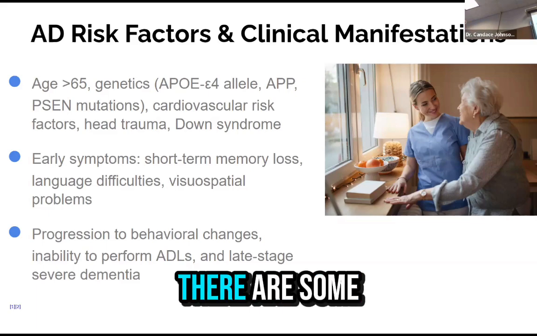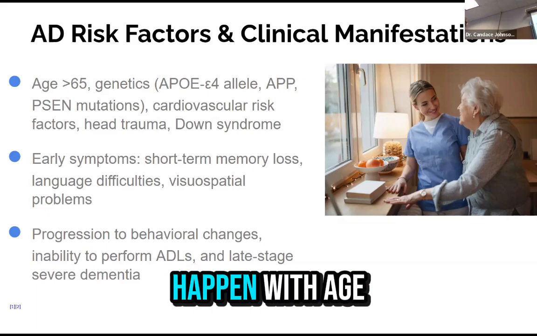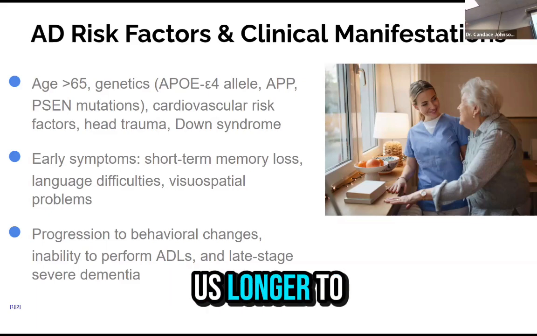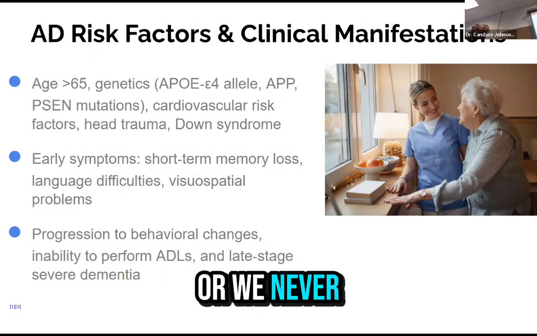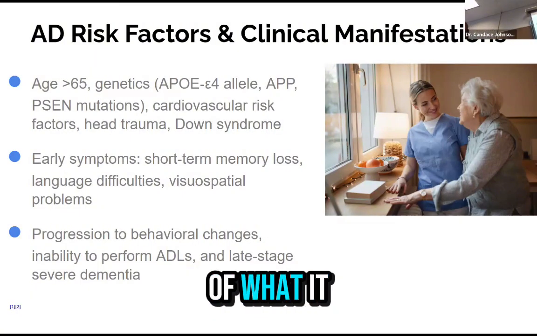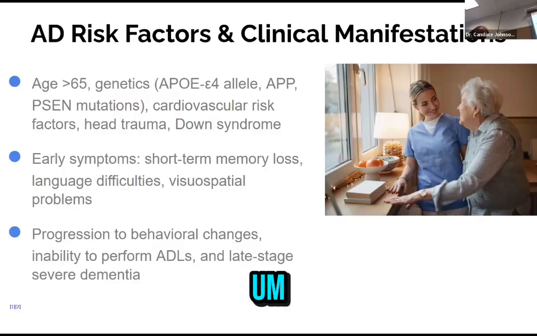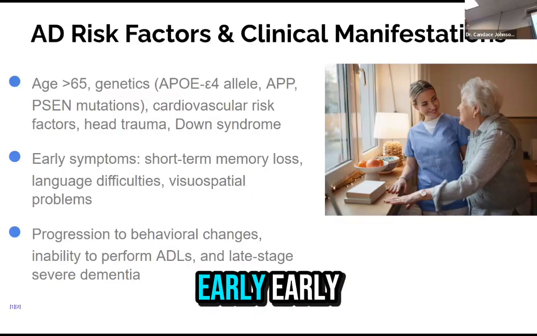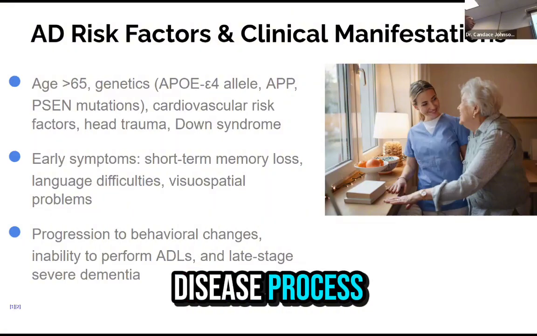All right. But there are some memory issues that happen with age. Like it takes us longer to remember things, or we never really quite catch the name of what it was that we were looking for. But this short-term memory loss is often seen early in the disease process.